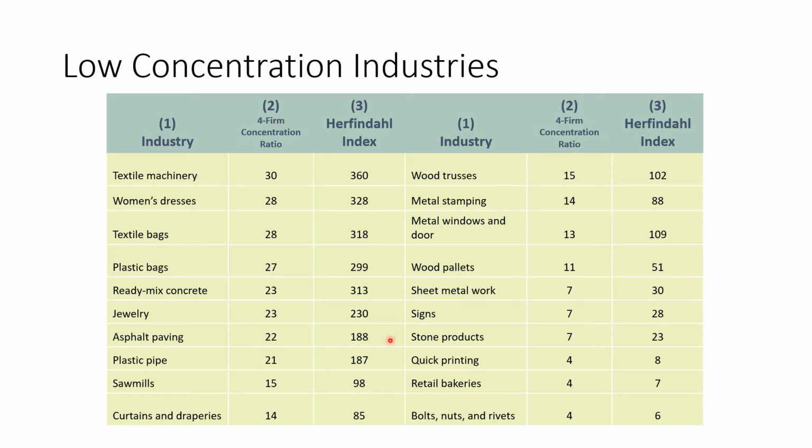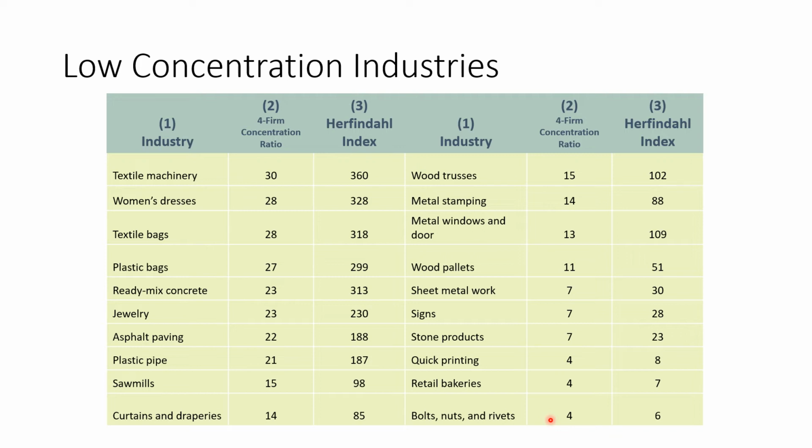And this I threw in here just to show low concentration, high concentration. Low concentration scores are highly competitive, and so these are more competitive industries. You see the 4-firm concentration, you see the Herfindahl score, and so the most competitive that we have here is bolts, nuts, and rivets with a Herfindahl index score of 6.